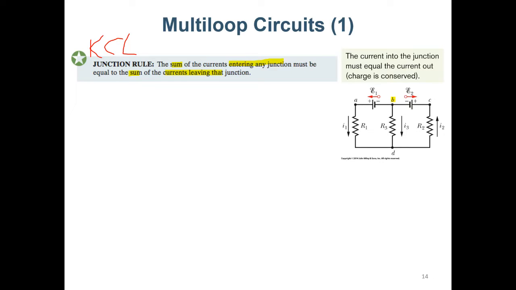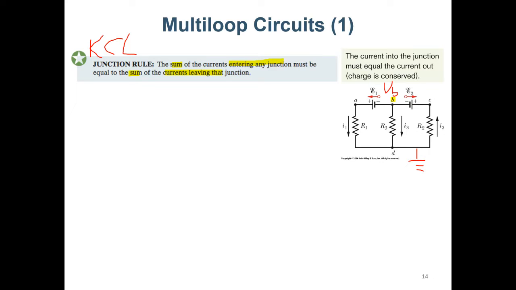So I make this an example for point B. Assume that the voltage at this point is VB, and assume that point D is a ground node, so VD is 0, and this is VB.